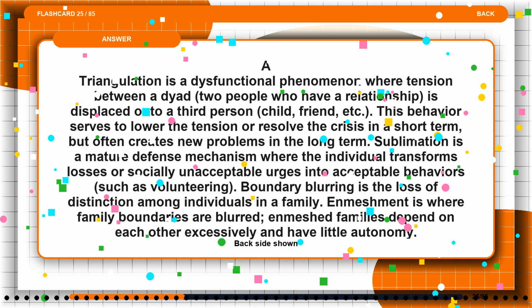Sublimation is a mature defense mechanism where the individual transforms losses or socially unacceptable urges into acceptable behaviors such as volunteering. Boundary blurring is the loss of distinction among individuals in a family. Enmeshment is where family boundaries are blurred. Enmeshed families depend on each other excessively and have little autonomy.